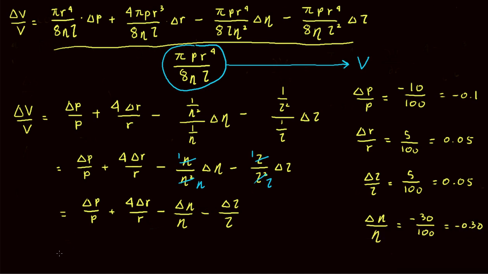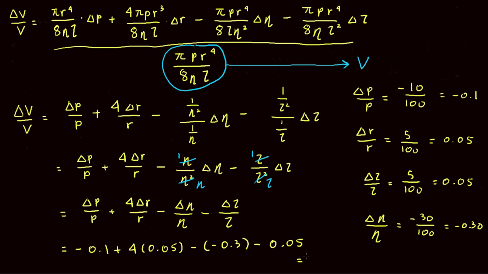With all that in consideration, we have negative 0.1 plus 4 times 0.05 minus negative 0.3 minus 0.05.